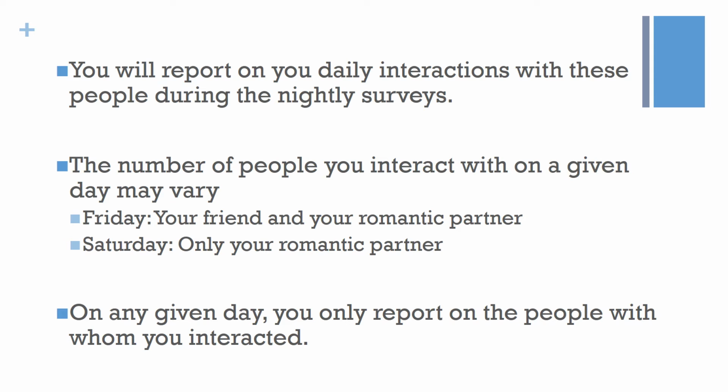For instance, on a Friday, you may interact with both your friend and your romantic partner. Thus, on Friday night, you report on both of them. However, on Saturday, you may only interact with your romantic partner. That night, you only report on your romantic partner. Even if you do not interact with either of them, you should still log in. We still have two questions for you to complete.